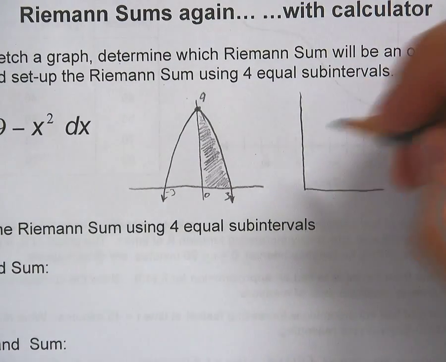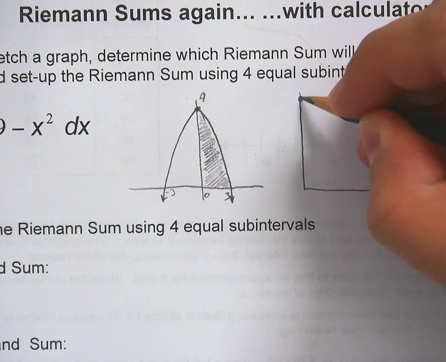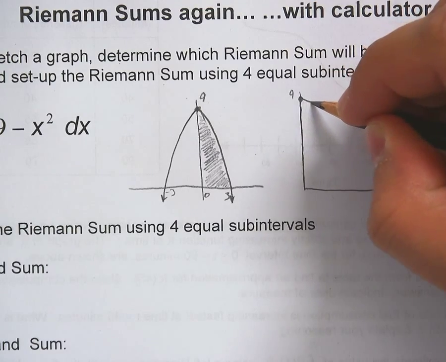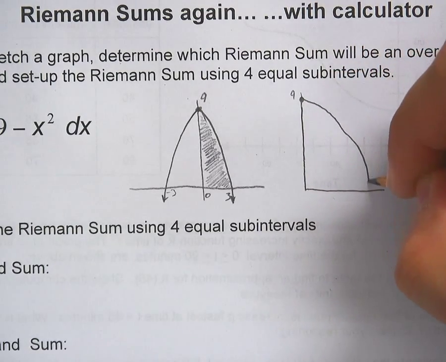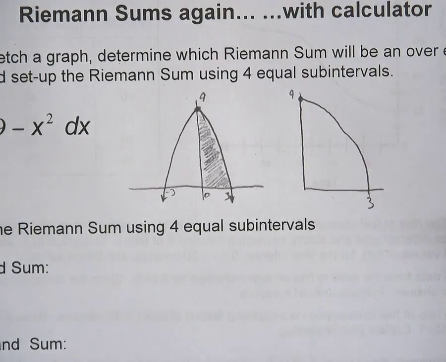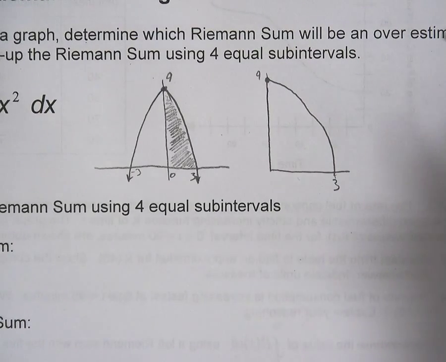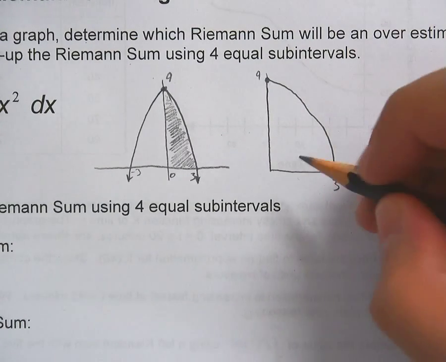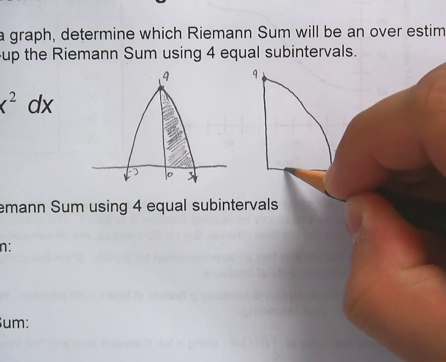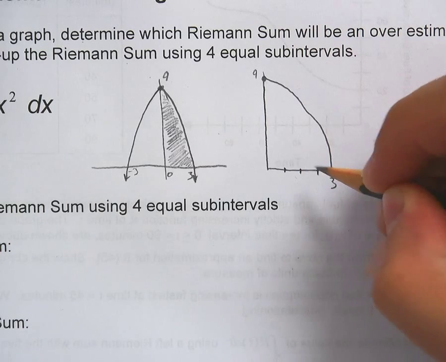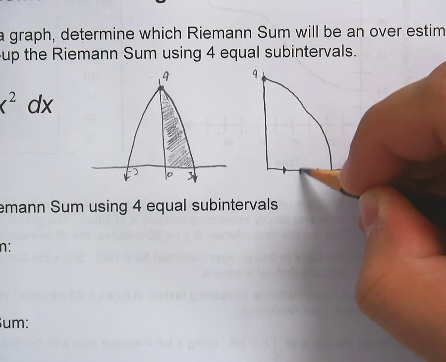This goes 9 up here. I'm just going to make this a little bit bigger so you can really see what's going on. And I want to bust that thing up into 4 equal groups.